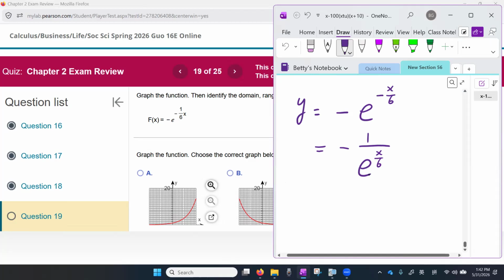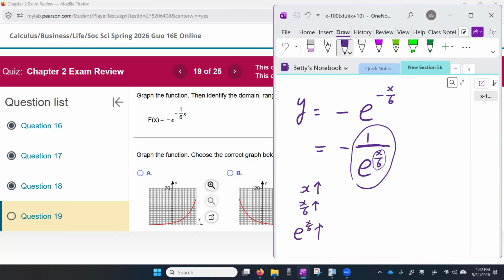Okay? So let's see what happens when x increases. When x increases, x over 6 increases, right? And e to the power of x over 6 increases, getting bigger and bigger.